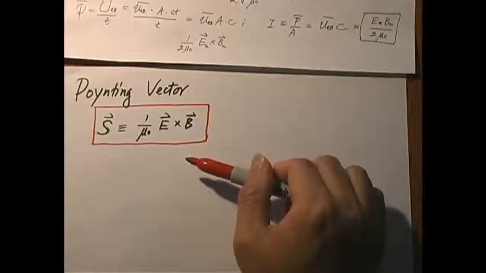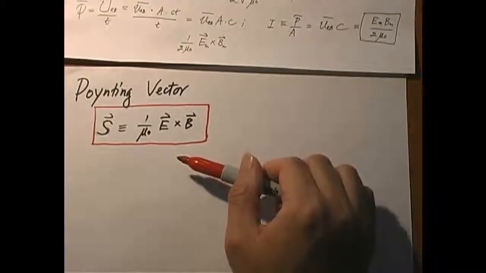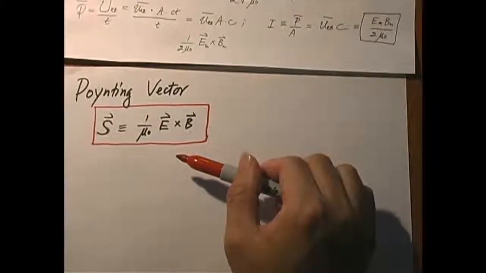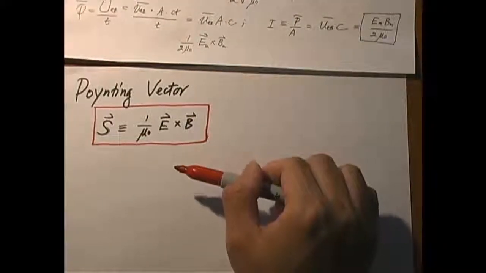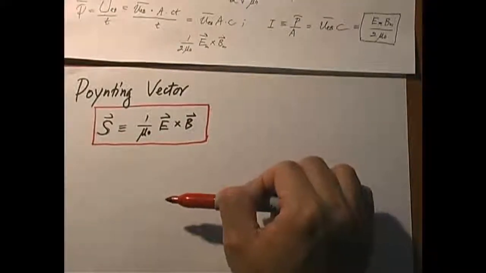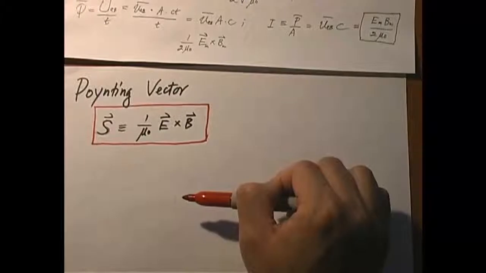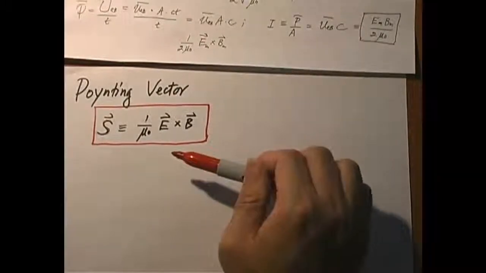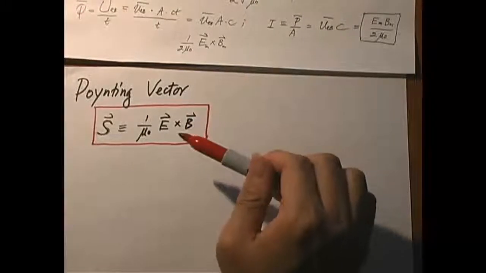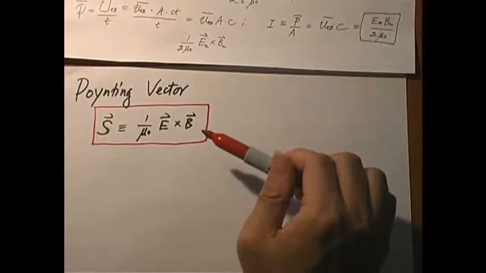First of all, its magnitude equals the intensity carried by the electromagnetic field. In other words, the energy flown past a certain unit cross-section area per unit time. And its direction is the direction of the energy flow.